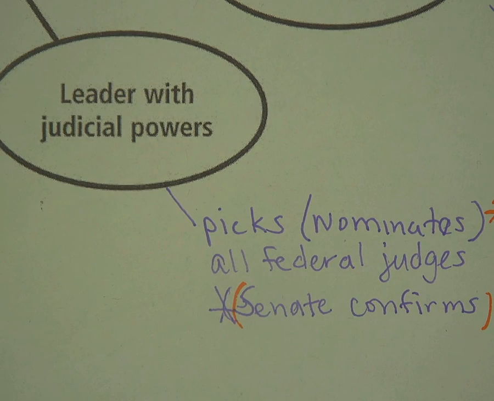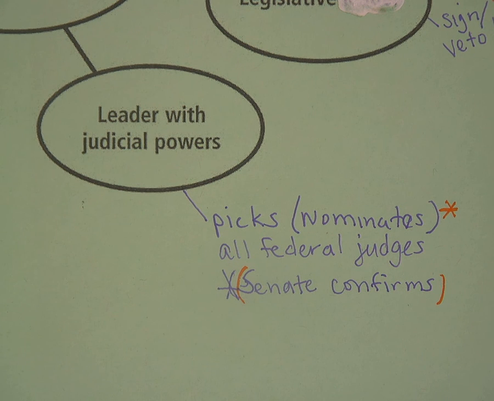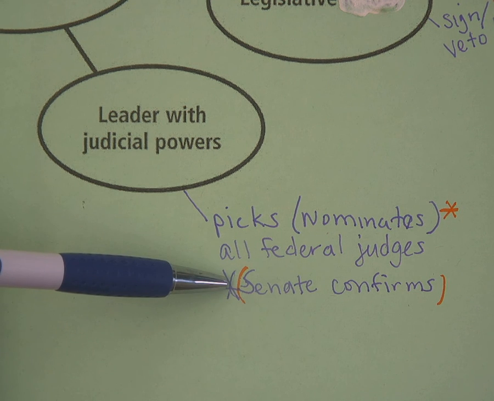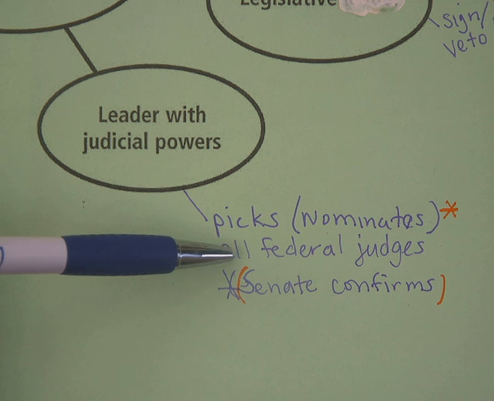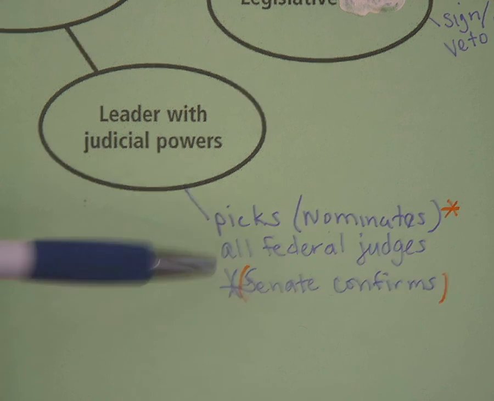This is in the Constitution yet again. You should remember Supreme Court Judge Barrett, Trump nominated her, and then there were some Senate hearings, and the Senate confirmed. It's not going to be just the Supreme Court, though. It's all federal judges. So circuit, district, etc. That will be our next unit. Again, this is in the Constitution.